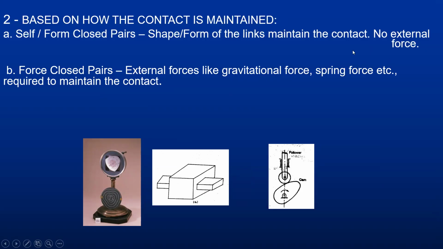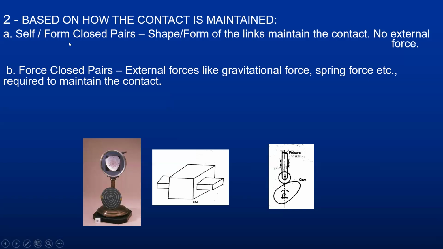These pairs are in close contact without an external force. And then the other one, based on how the contact is maintained, is the force-closed pairs. Here, an external force, like gravitational force or spring force, is required to maintain the contact.